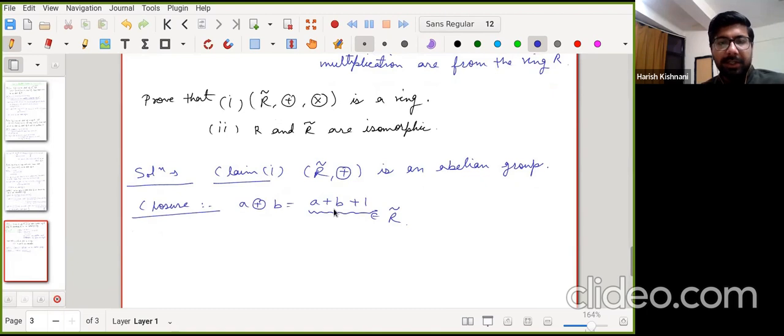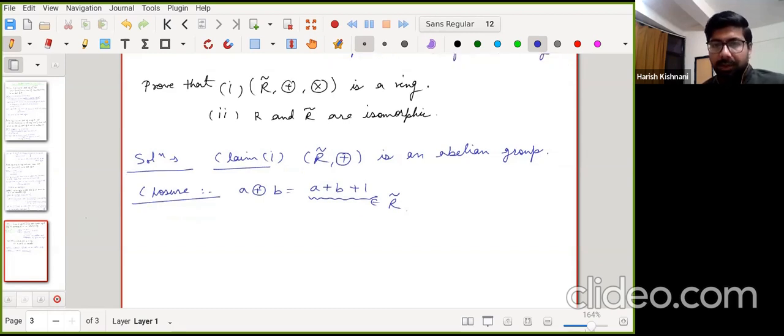So definitely A plus B plus 1 is also there, and this follows because of the closure property of the original ring, since the additions here are with respect to the addition in the original ring.